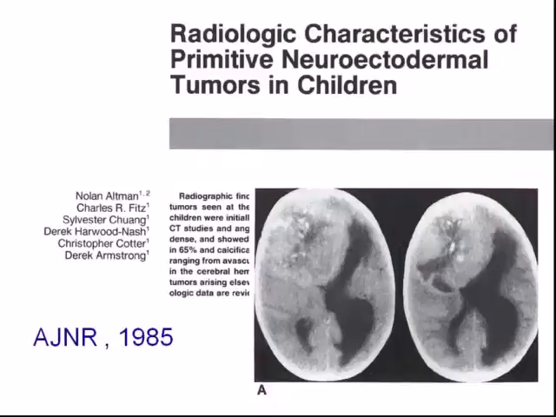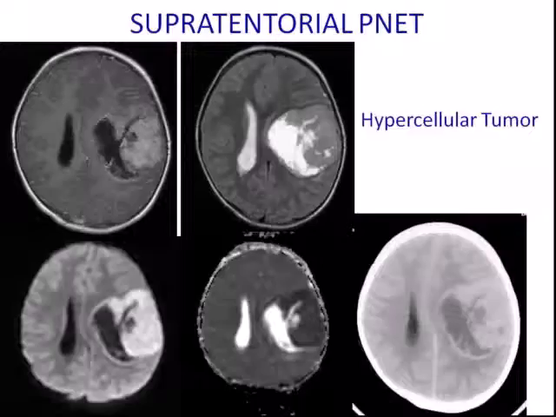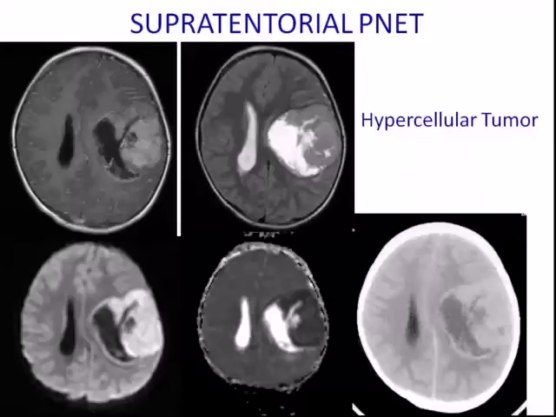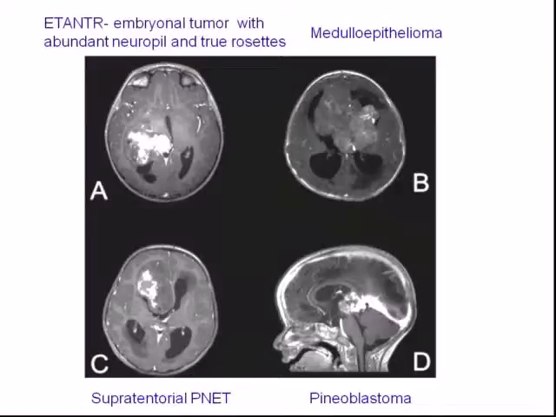And the two hallmarks were hyperdensity on CT and very large lesions. Even now, in my current cases, I have maybe 3, you see the same thing. They're very large lesions, they're hyperdense on non-contrast CT, and they restrict diffusion on ADC imaging. And so this is a fairly classic look for a supratentorial PNET.